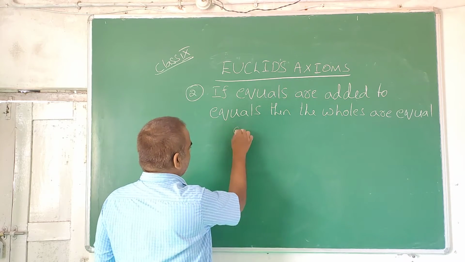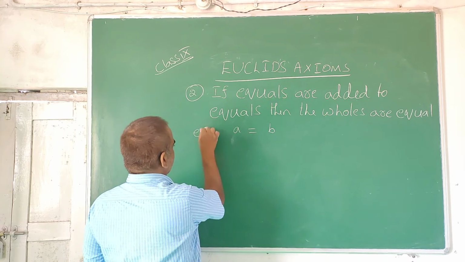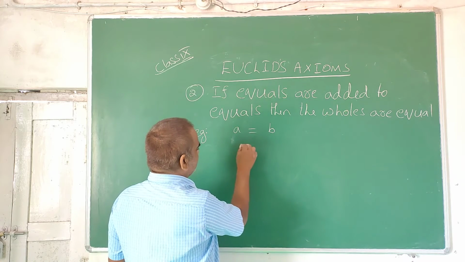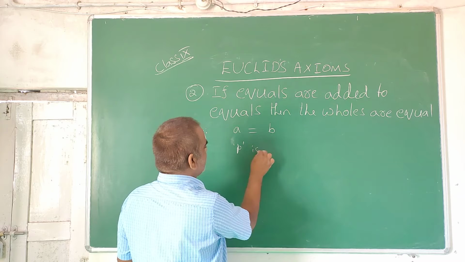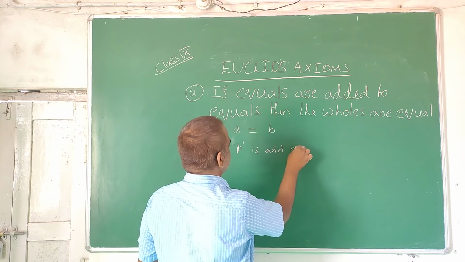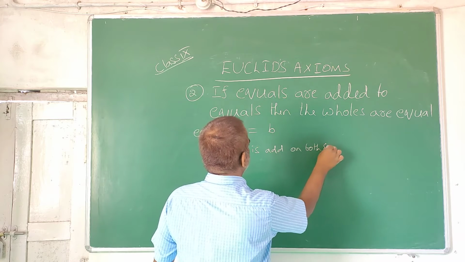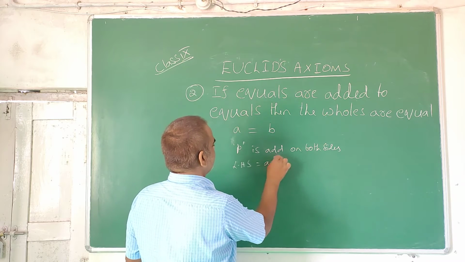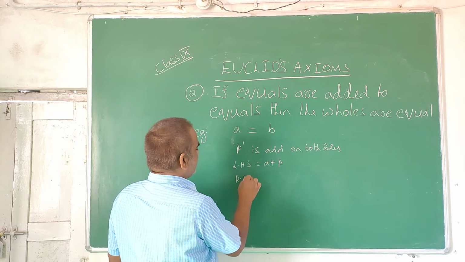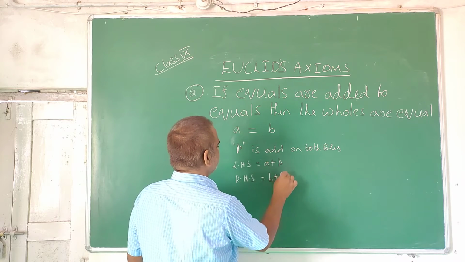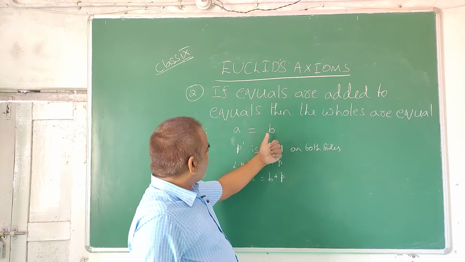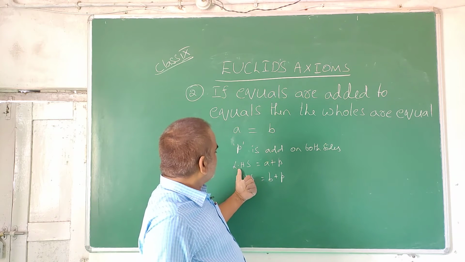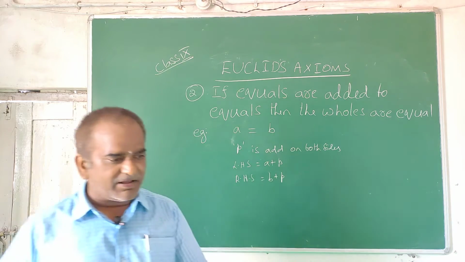For example, suppose A equals B. Now if an equal quantity P is added on both sides, then the left side becomes A plus P and the right side becomes B plus P. So A and B are equal and you are adding an equal value P on both sides. So LHS will be A plus P, RHS will be B plus P.